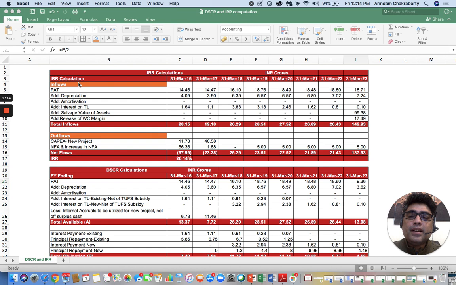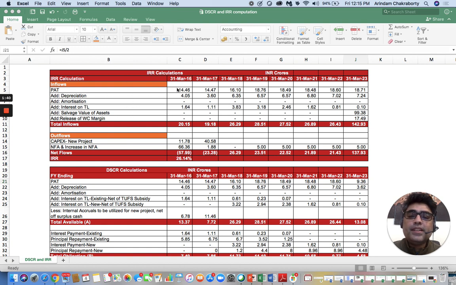As you see, there are two sections. One is the IRR calculation, the other is the DSCR, debt service coverage ratio, calculation. The finance taken by the company is shown for a number of years, from 16 to 23, and this is the section where inflows are taken into consideration.